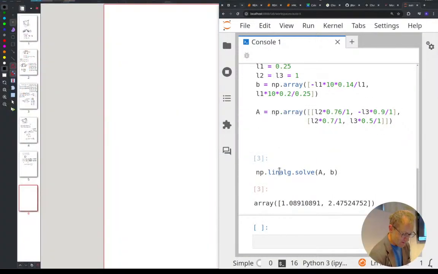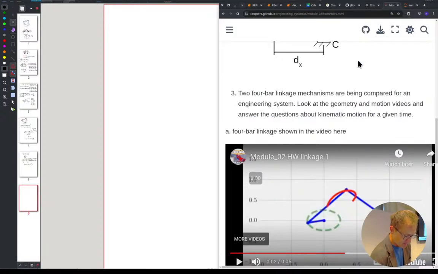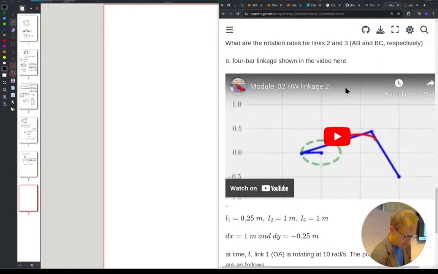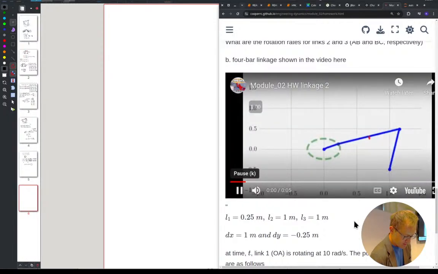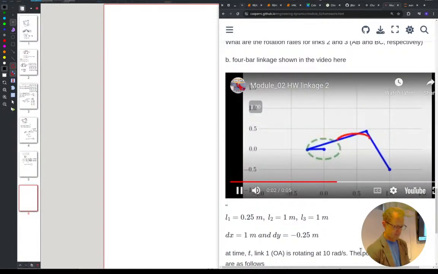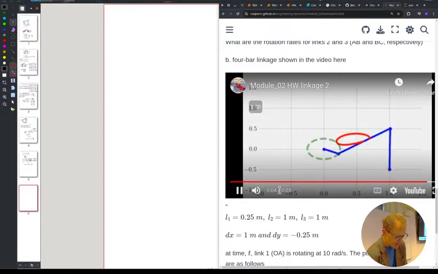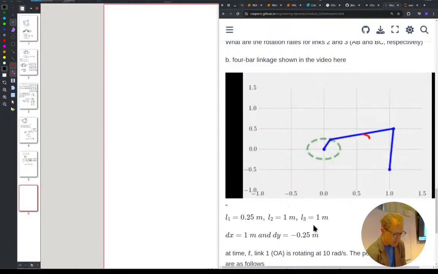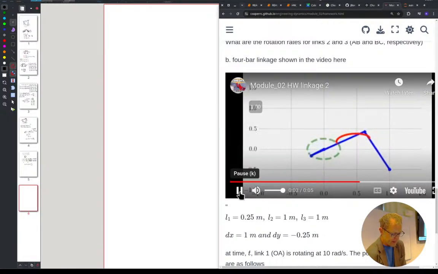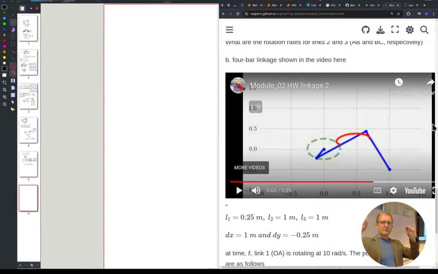Alright, cool. So then rinse, lather, repeat, right? We just have one more. This one looks exactly the same, but it just took that point C and moved it down by a quarter of a meter.